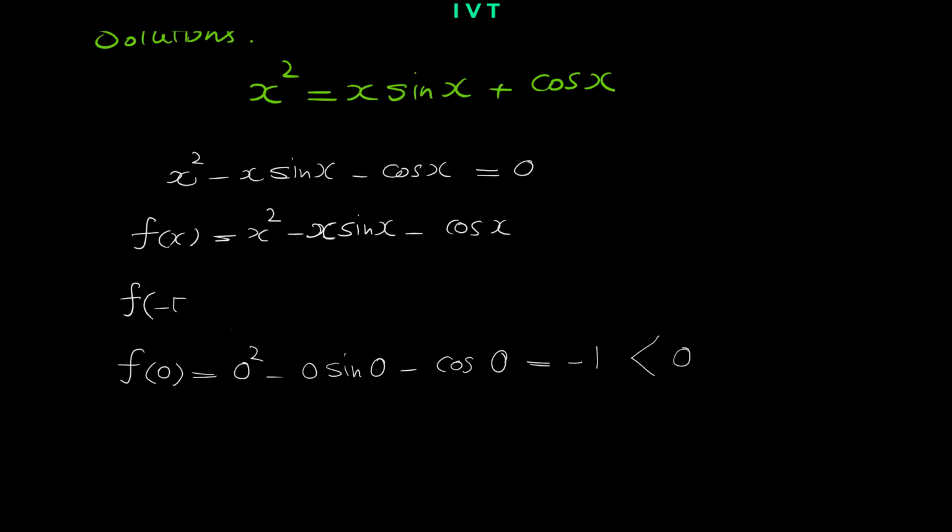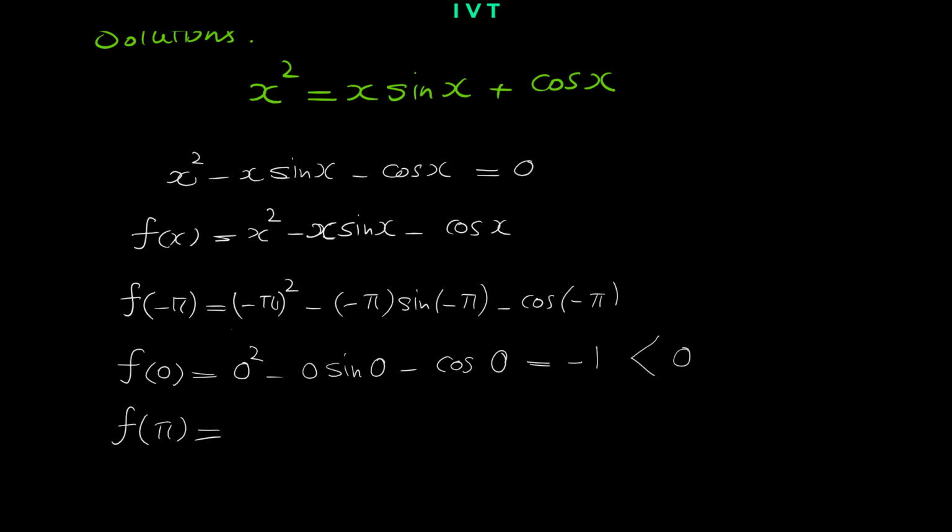My point, in the left side of 0 is negative pi, and in the right side of 0 I'm going to choose pi. F of negative pi would be negative pi to the 2 minus negative pi sine of negative pi minus cosine of negative pi. Negative pi to the 2 is pi to the 2.